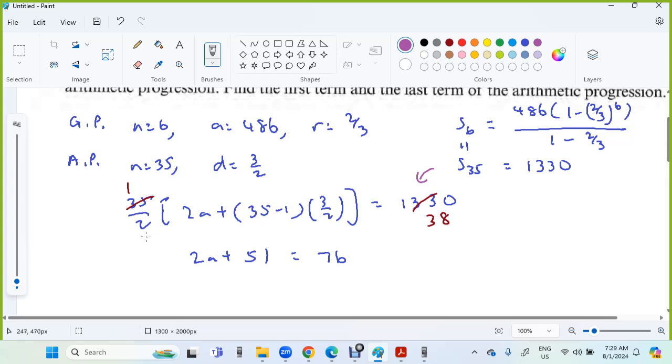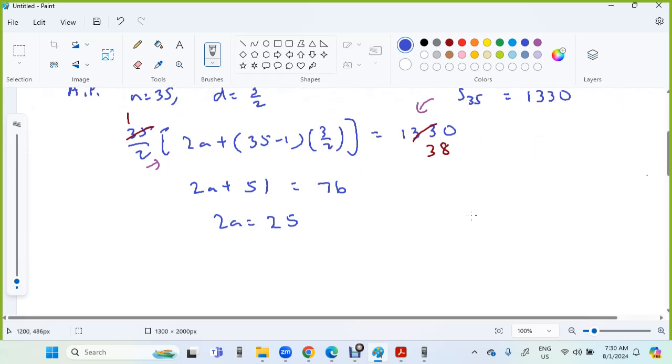So this one moves to the other side. So the 2a will be this one minus this one. So we have 25. So the a is 25 divided by 2, which is 12.5.